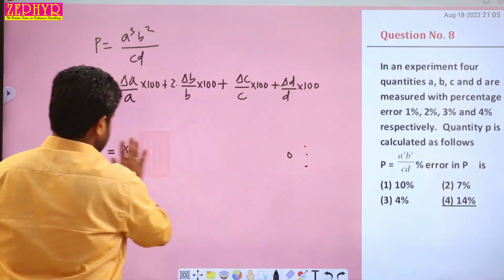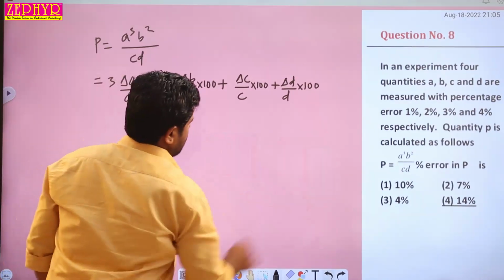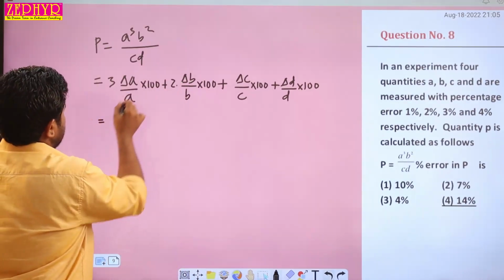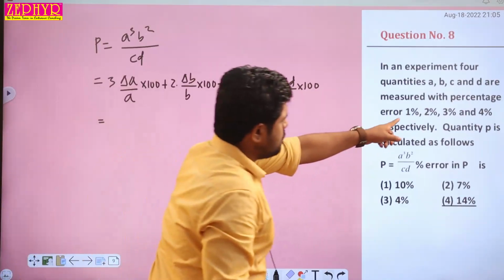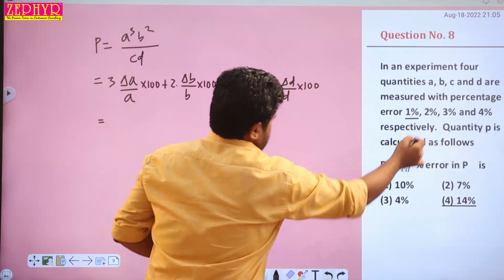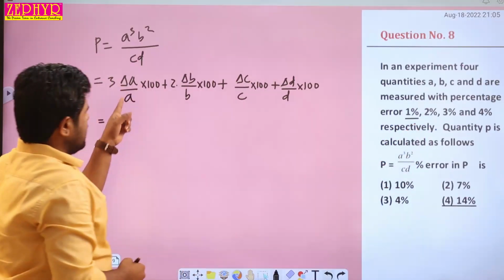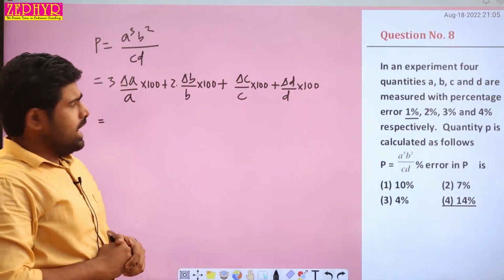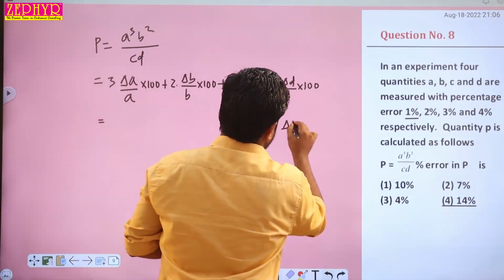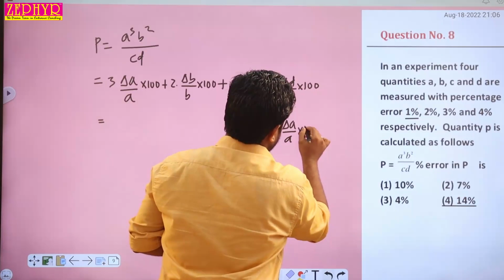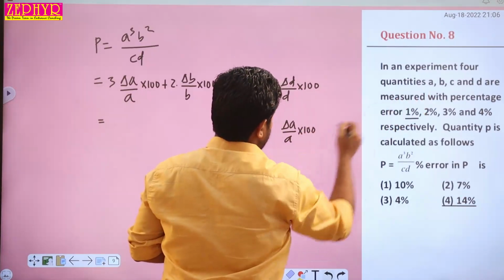Now I substitute the values of delta A divided by A into 100. In this question, 1% is the value of delta A divided by A into 100, that is the percentage error of this quantity.